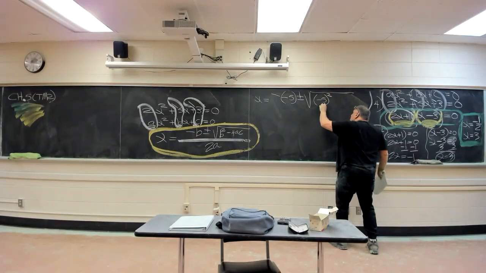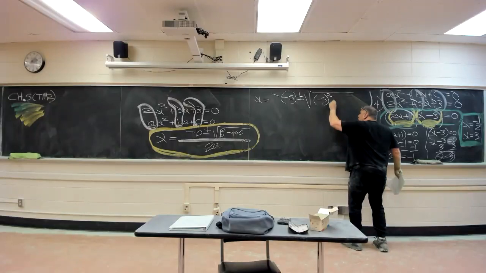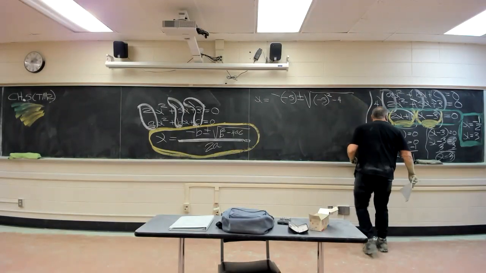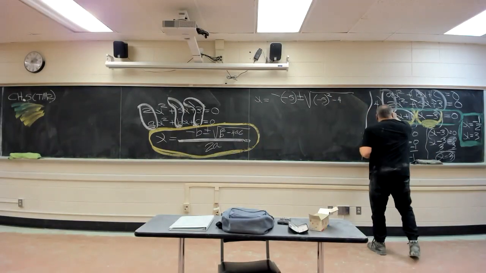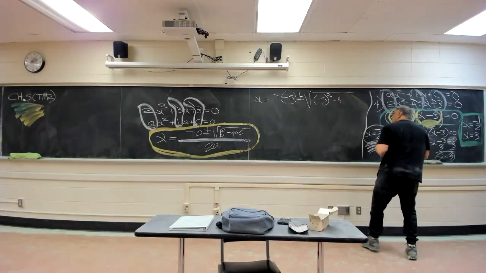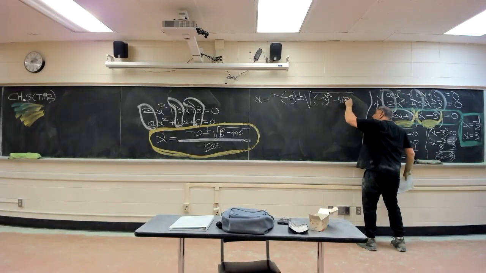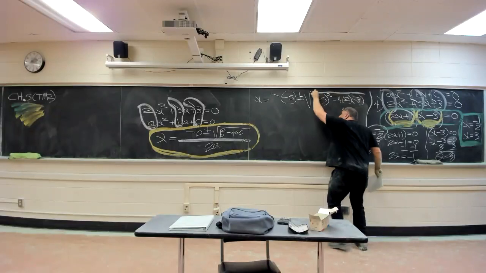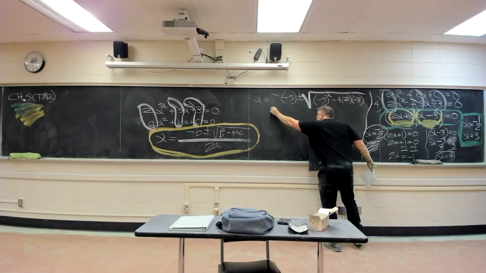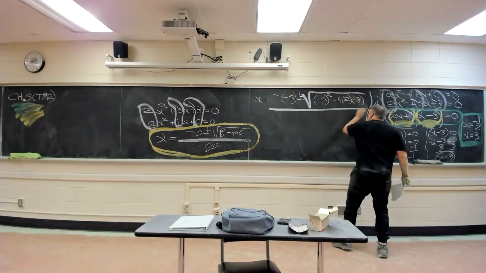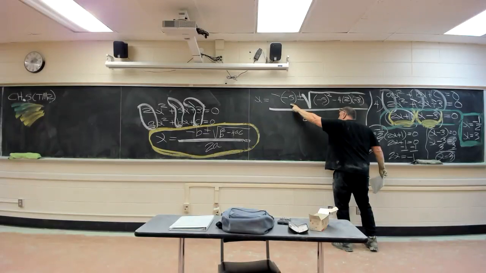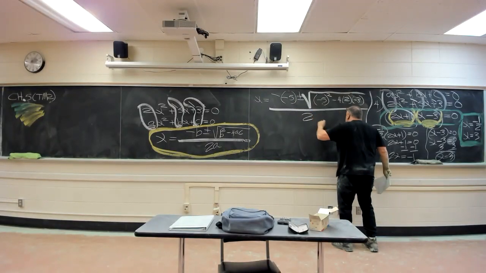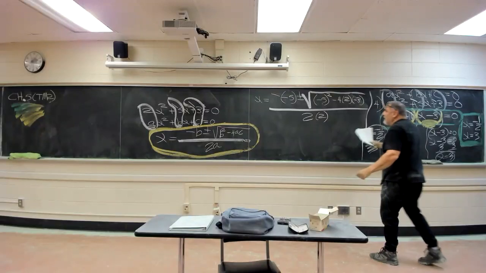Negative 5 times negative 5 is positive 25, so watch out. 4 is 4. A is 2. C is negative 3. Everybody, including the opposite of negative 5, is under 2a. A is 2. Yeah, it's a little bit of a mess.